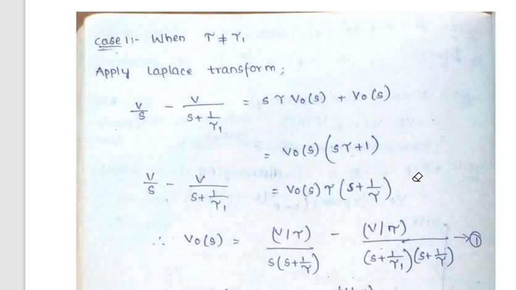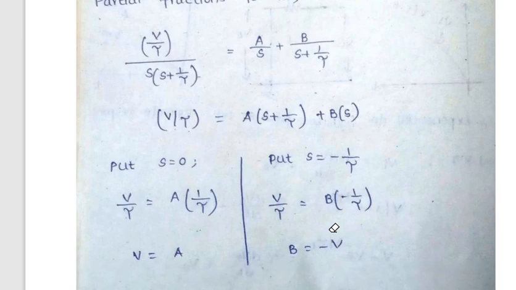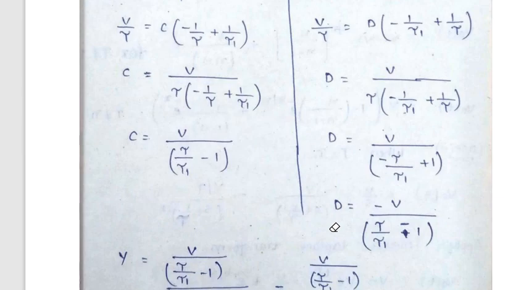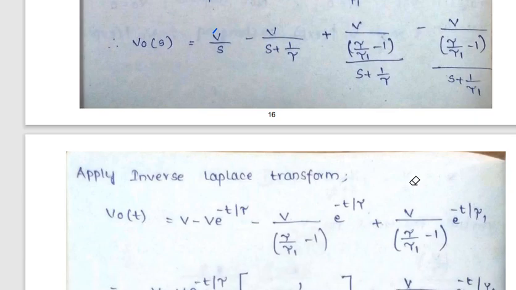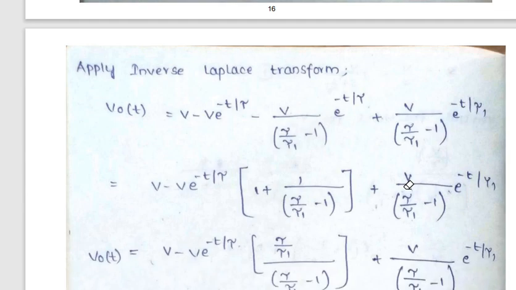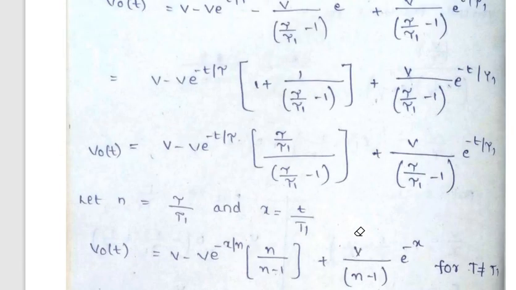So, when tau is not equal to tau 1, apply partial fractions to the entire equation. You get four values a, b, c, d. By substituting those four values and applying the inverse Laplace transform to that equation, and thereafter simplifying, we can get this one.